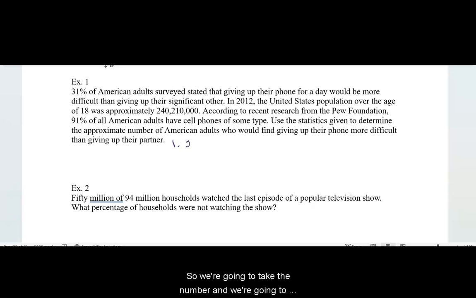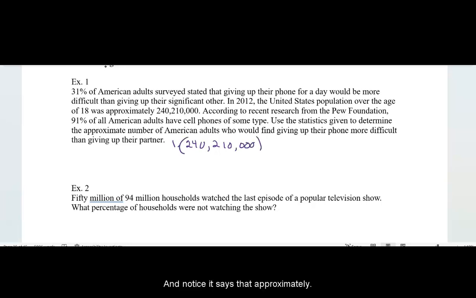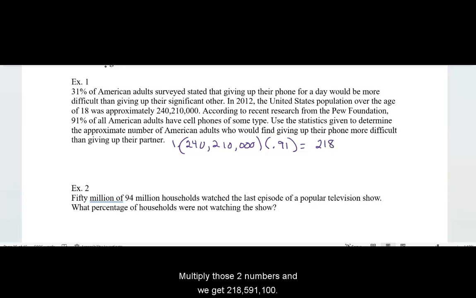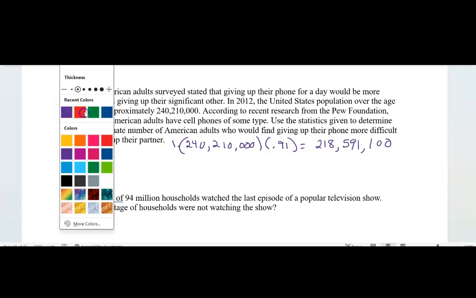So we're going to take the number and, because this is the population, and notice it says that approximately 91% of adults have a cell phone, we're going to multiply that by 91%, which would be 0.91. Multiply those two numbers, and we get 218,591,100. Okay, so that's approximately adults who have a cell phone.